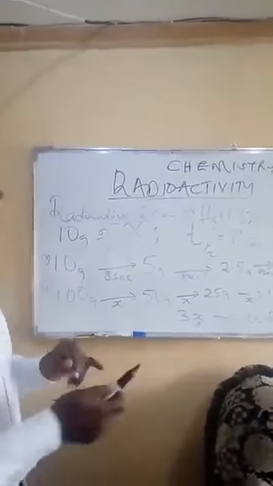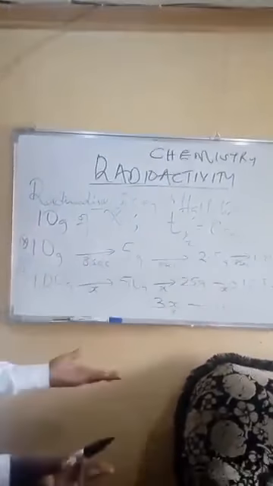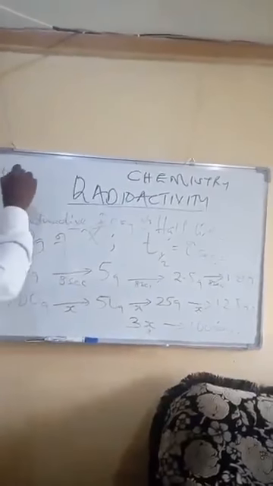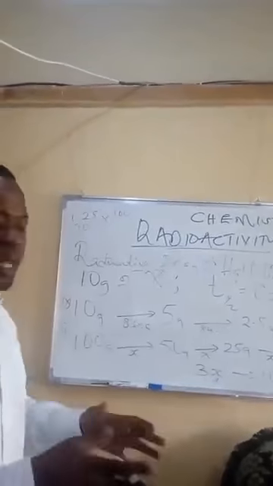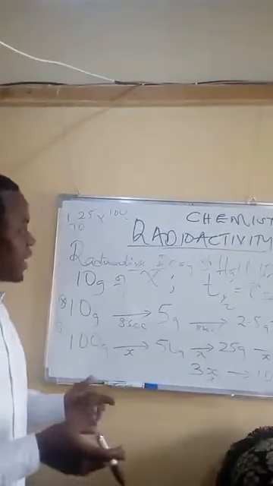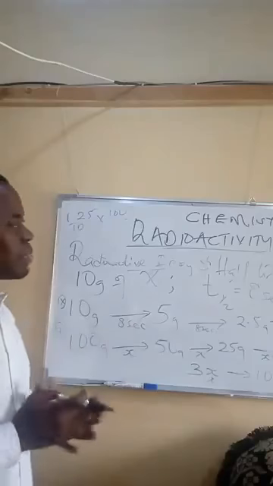So your answer would be 1.25 over what you had initially, which was 10, times 100, and that becomes your answer. That is the percentage. There are many questions that could be set around this work, but all of them require the same approach.